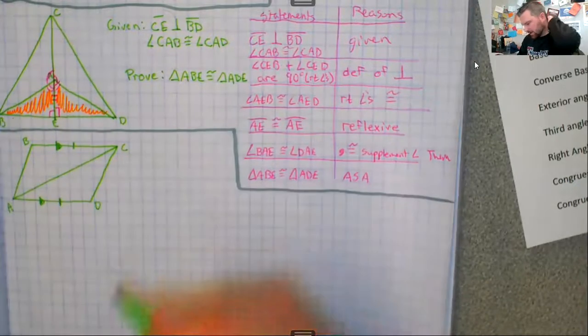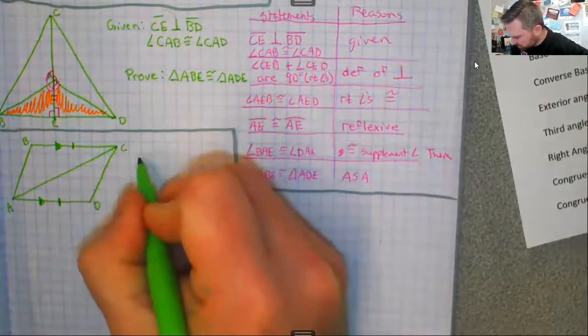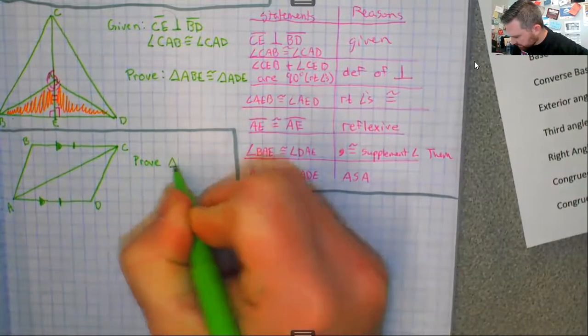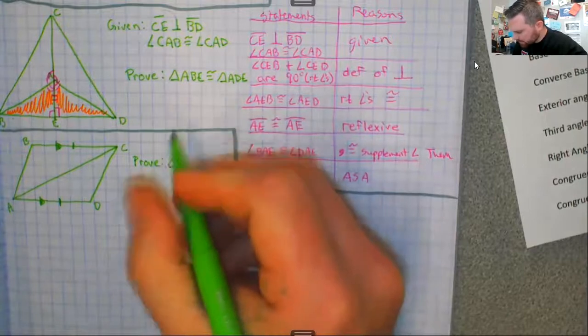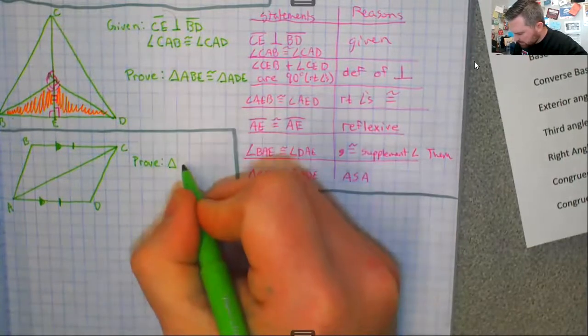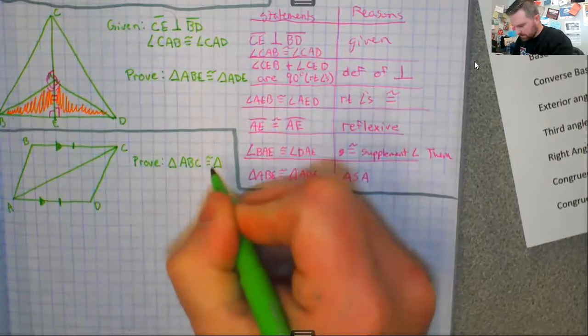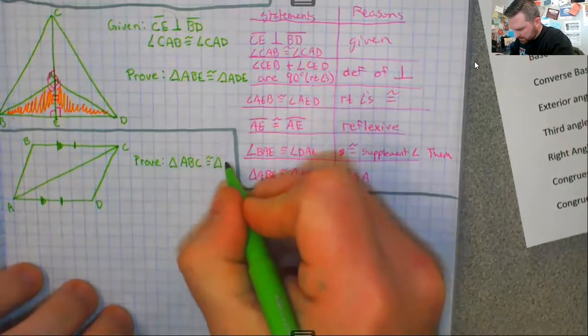That's all they give us. And they say prove triangle ABC congruent to triangle CDA.